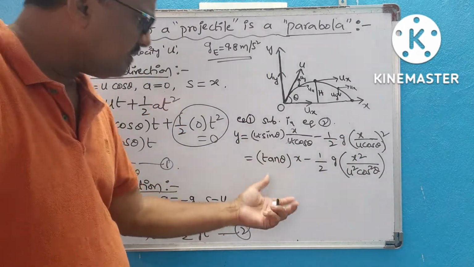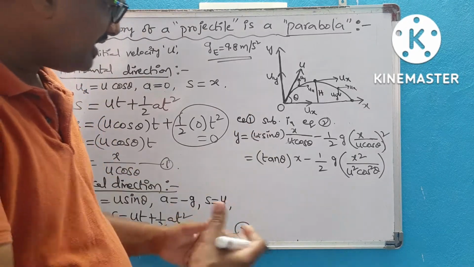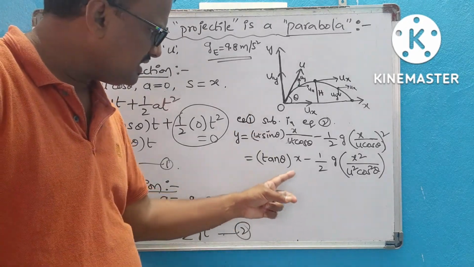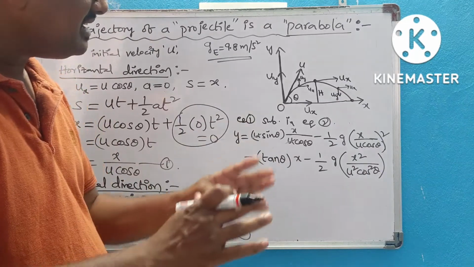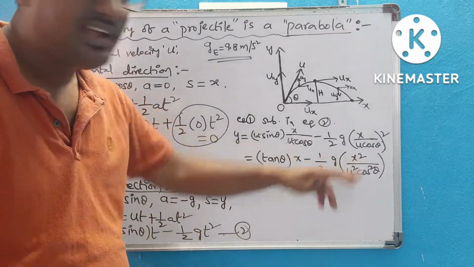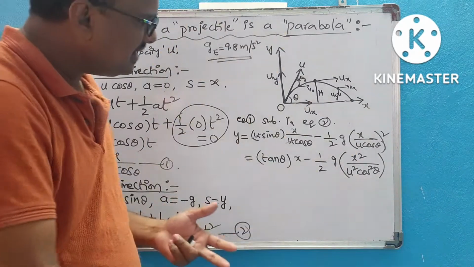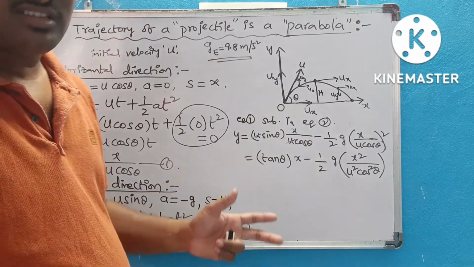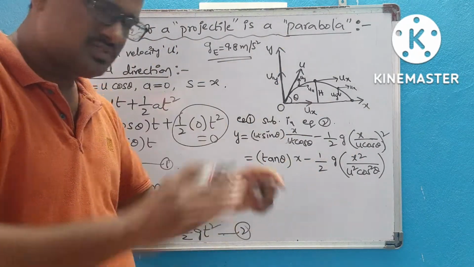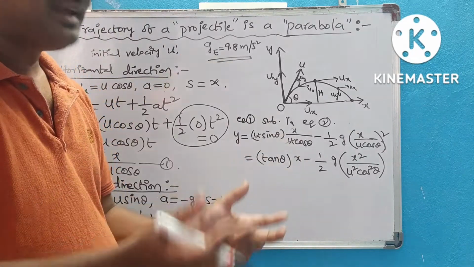So finally, how can we write here? You can observe that only the x and x square terms can be written outside the bracket, and all the remaining terms are written within the bracket.